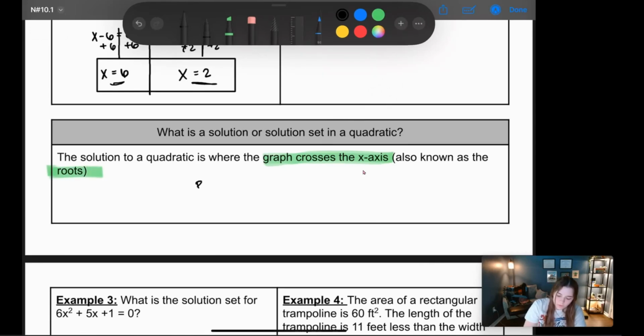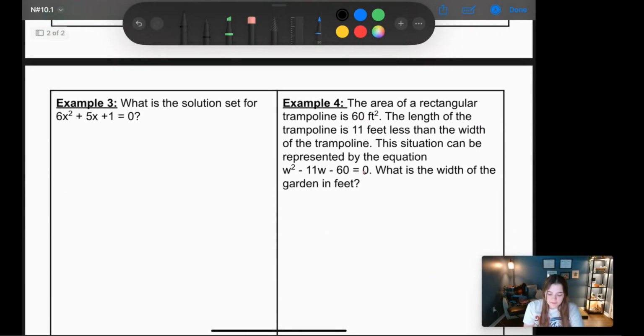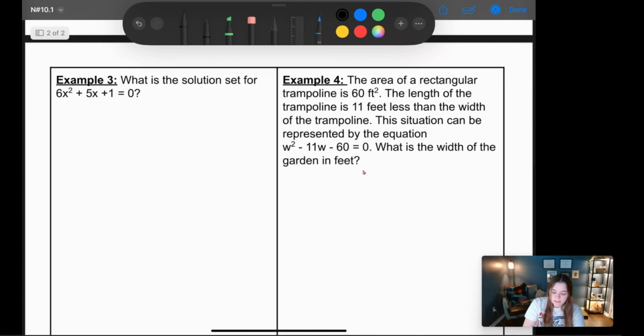So we're looking for roots or zeros or x values. Okay, remember that is what we're looking for here. All right, let's take a look at example 3. Okay, now example 3. Same thing. I'm going to use the box method.